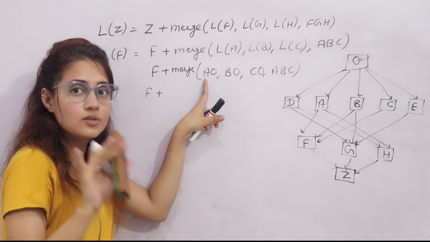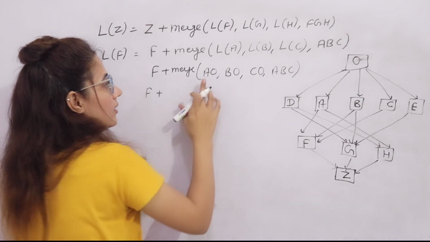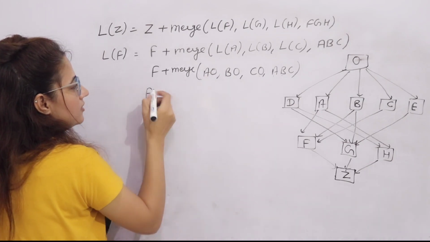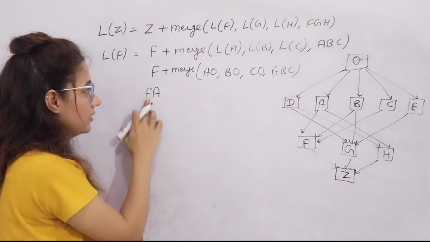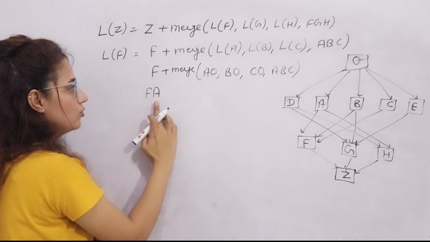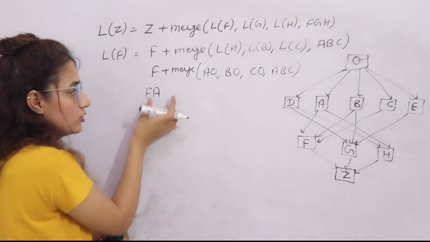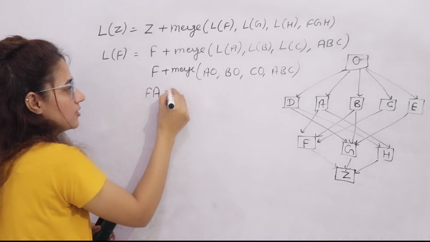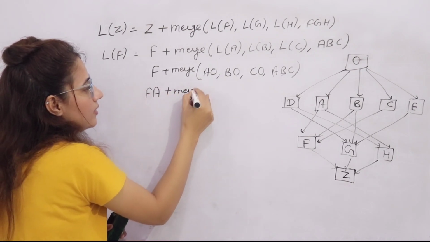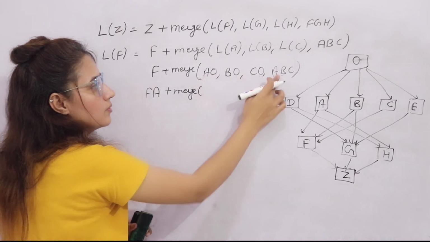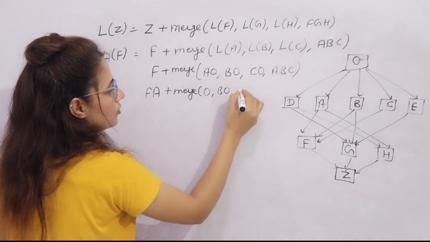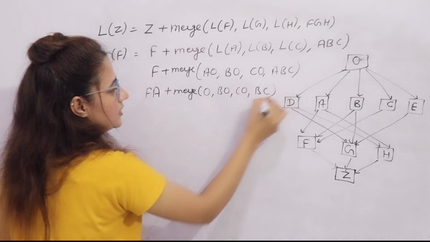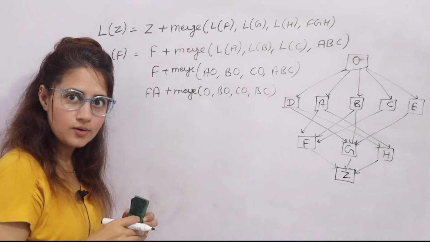Third step: if it is a good head, then you have to add this to the MRO of that class. Like first was F, then add to this MRO, that was at the beginning of this line: FA plus. And remove this from all the lists. So remove this A, here O, BO, CO and BC only.